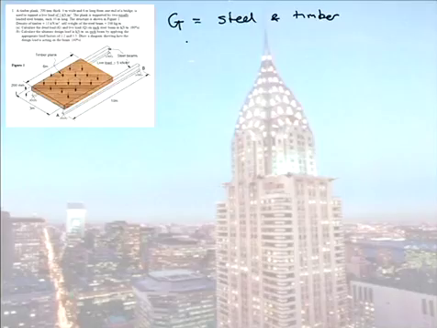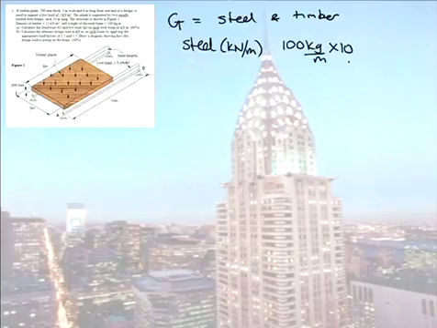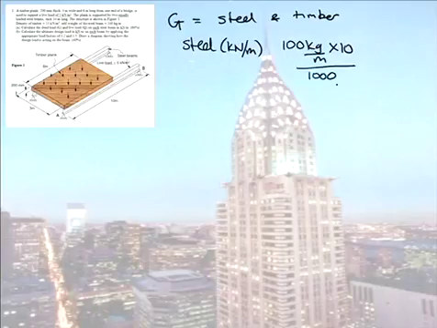So, our steel weight is our 100 kilograms per metre, and we know we multiply by 10 to convert it to newtons, and we divide by 1,000 to convert to kilonewtons. So we get our final answer in kilonewton per metre.